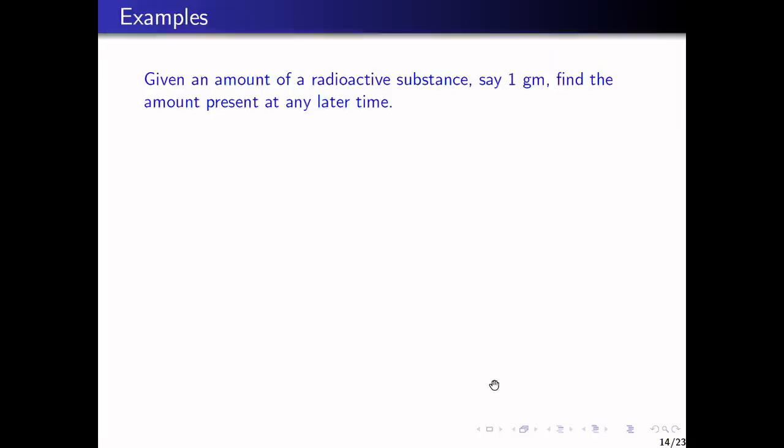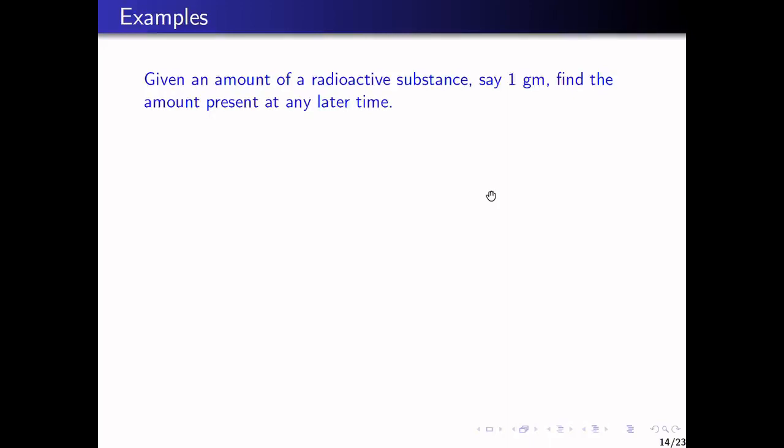So given an amount of radioactive substance, say 1 gram, find the amount present at any later time. Since we know a particular kind of radioactive substance, we know the decay constant for it. Now, an initial condition is also given to you. Namely, at time 0, the amount of radioactive substance is 1 gram.